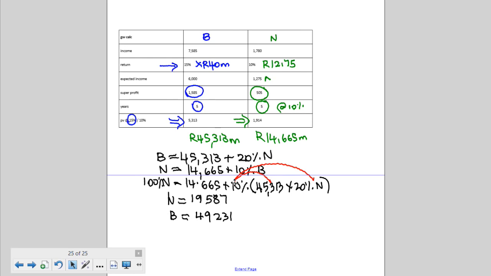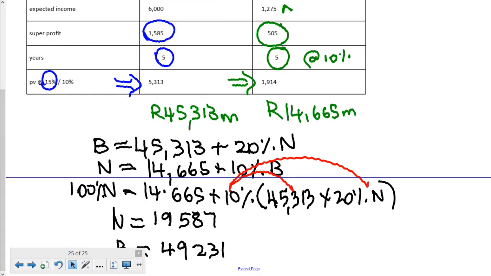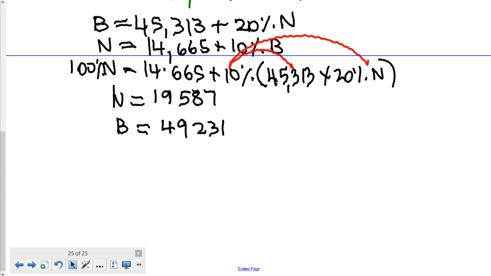Now they're asking what shares to give the shareholders, isn't it? Remember we said the shareholder for N gets 80% of that number, and the shareholder for B gets 90% of that number. So what are the numbers? Just give them to me.